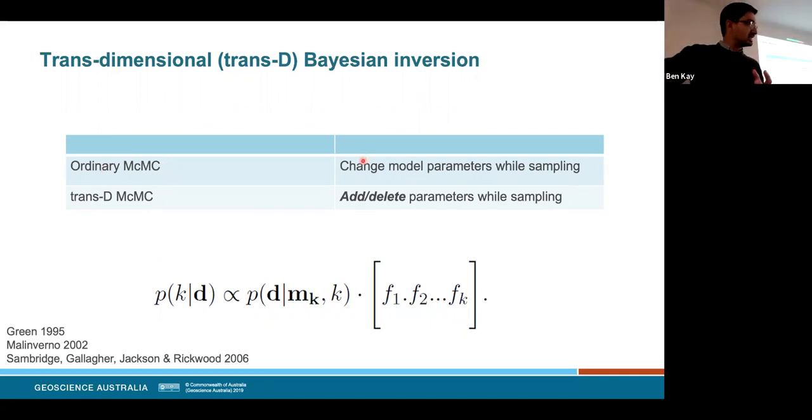So it's the probabilistic analog of your deterministic inversion methods like Occam or Gauss-Newton or any of these.